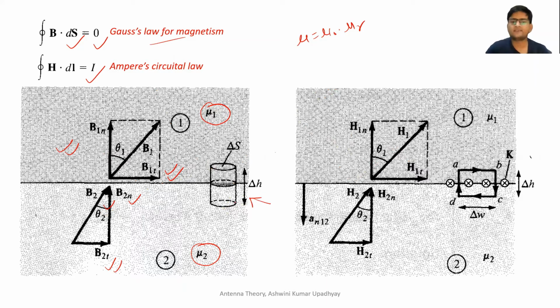This cylindrical surface has the upper surface as delta S, and similarly the lower surface also has an area of delta S. And this delta H is very, very small, and we will be neglecting it in our equations. So now what we will do is multiply the different components of B, which is B1 and below it B2, with these different surface components. And finally, we will see what is the outcome.